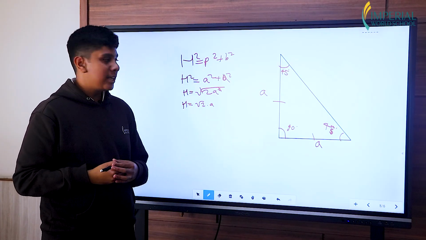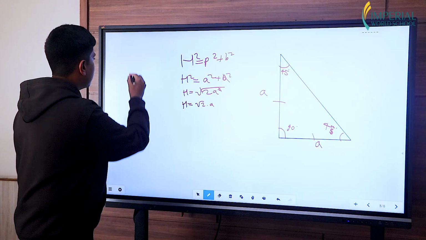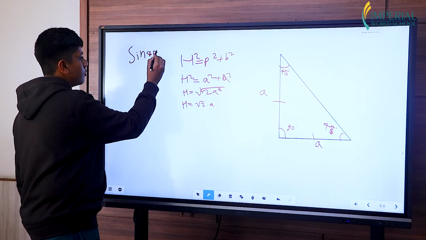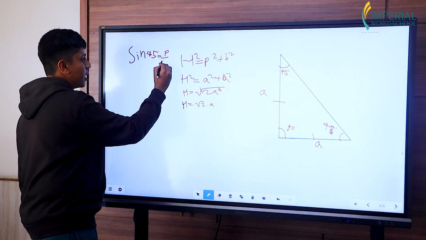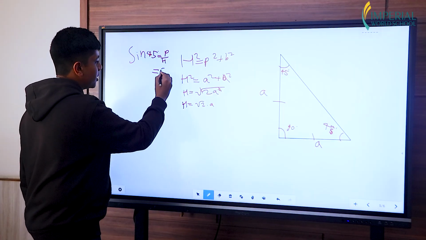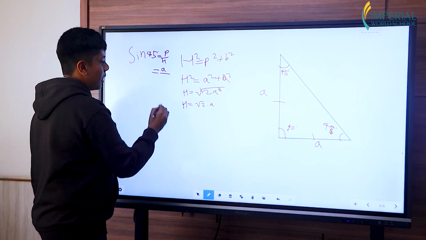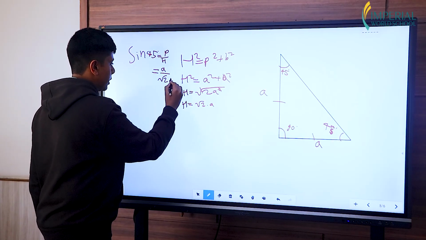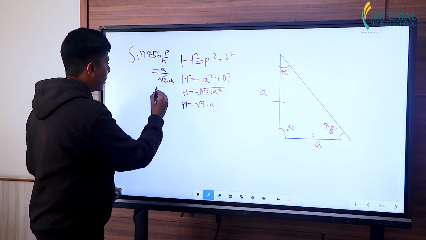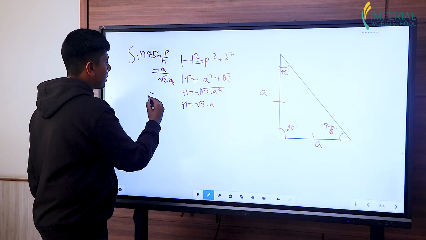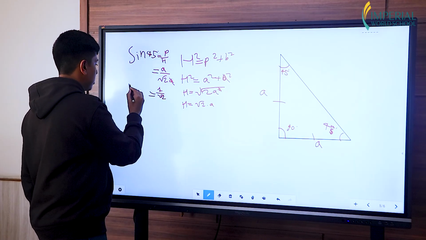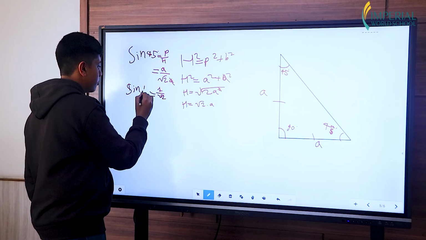Now we can find sine 45 degrees, which is p by h. We know the value of p is a and the value of h is root 2 into a. Now the a's cancel out, leaving us with 1 by root 2, which is the value of sine 45 degrees.